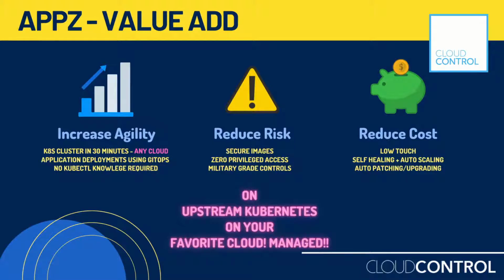Some legacy applications may not fit into this paradigm, I completely agree. But 80 to 85% of applications can easily fit, and that is where the value of AppZ stacks comes into the picture. Those 100 applications running on 200 VMs can be compressed to run on say 80 to 100 VMs in a Kubernetes cluster mode. That's the value that we have.